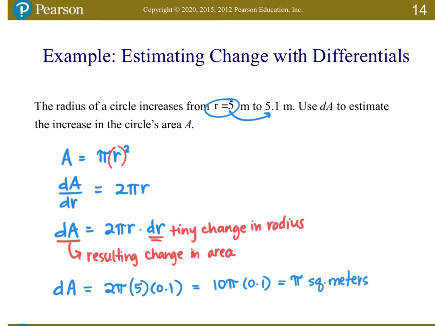The tiny change of 0.1 leads to a resulting change of 3.14. It's not like a 0.1 change in one results in an equivalent 0.1 change in the other. Changing the radius by a little bit affects the overall area by a total of pi. That doesn't mean the area is pi. That means the area is changed by pi or increased by pi.